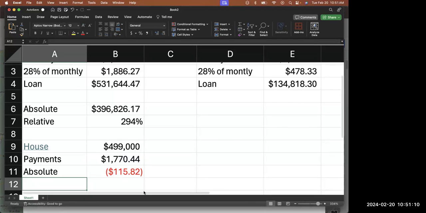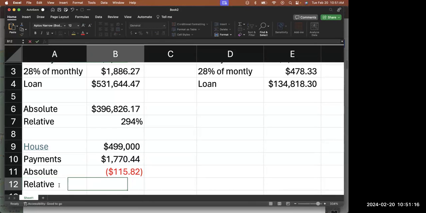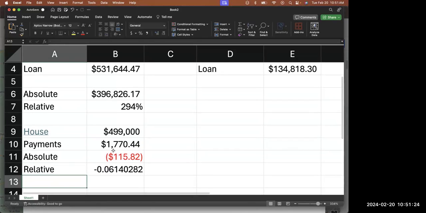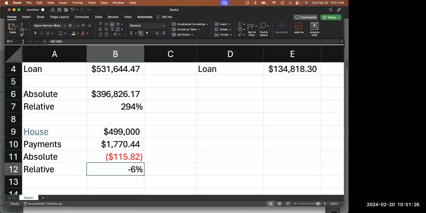Before it was 28%, so now we see it's not the same amount. Okay, well, that's great. The relative change is the absolute divided by the reference value. The reference value would be the 28% of the monthly income. And I'm going to turn that into a percentage. So we see it's 6% less, a 6% decrease of the previous.